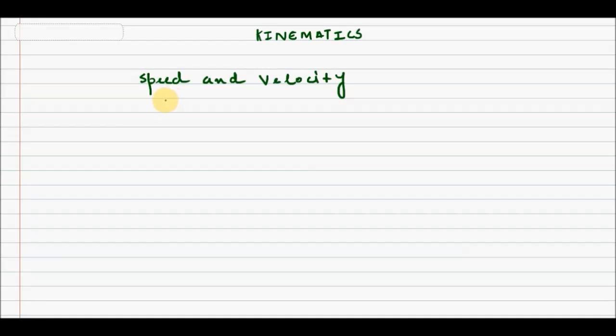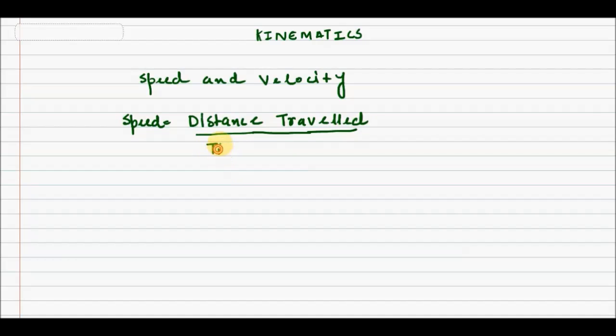Right? Now, mathematically, speed is defined as the ratio of the distance traveled by an object to the time taken. Right?